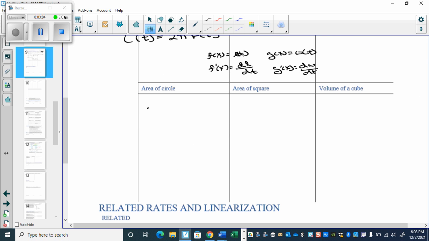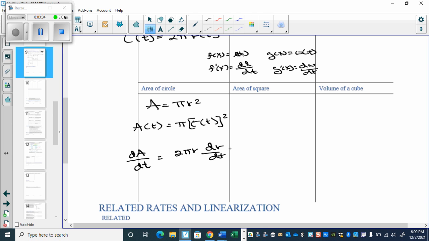Area of a circle: area equals pi r squared as a function of time. That's an r sub t, and it's squared. Now, as a derivative, we simply write dA over dt equals 2 pi r dr dt.